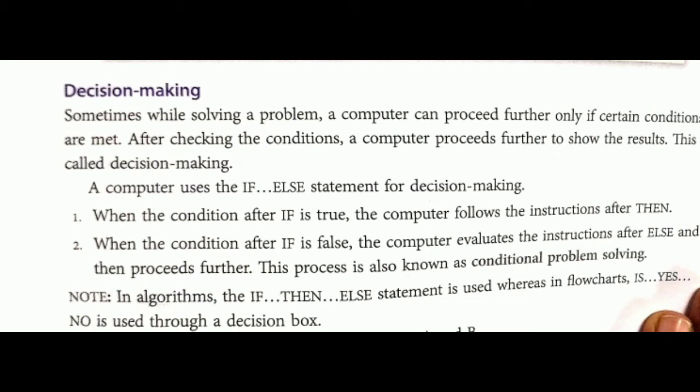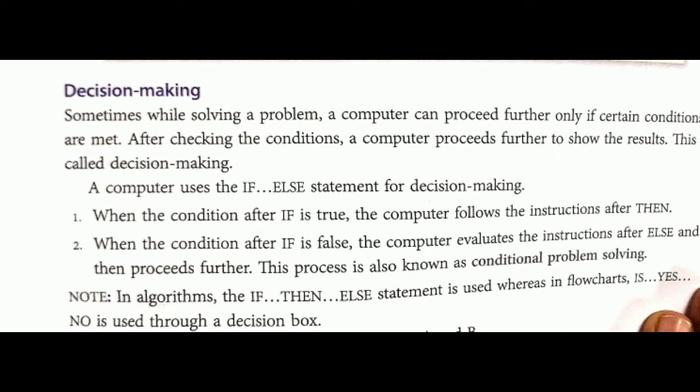The answer can be true or it can be false. After checking these conditions, a computer can proceed further to show the results. This is what we mean by decision making. Sometimes while you are solving a problem, a computer can proceed further only if certain conditions are met.